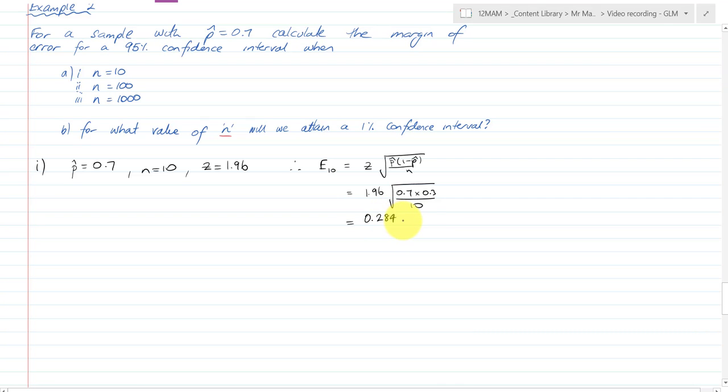I'll do it to 3 or 4 decimal places, and in this case the 95% confidence interval for a low n value actually turns out to be like that.